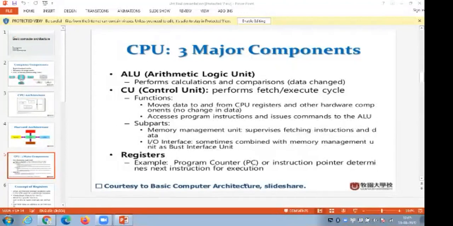We have 4 types of registers: program counter, instruction register, accumulator, and status register. I will explain the registers in the next slide.